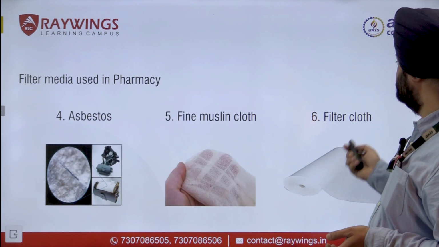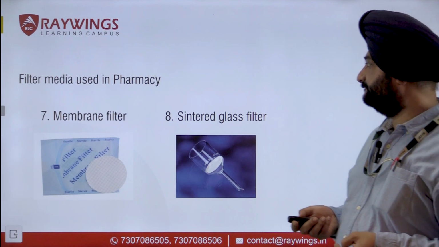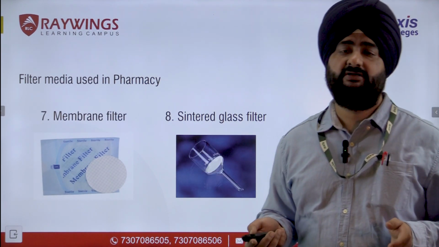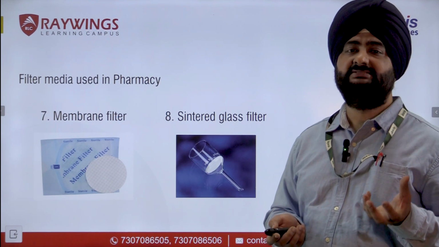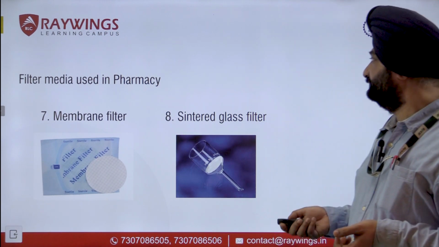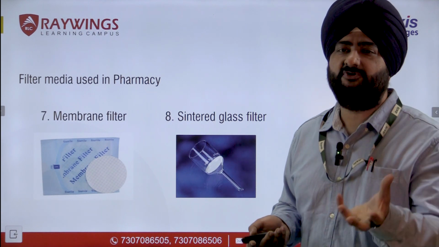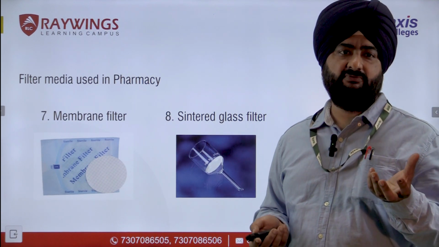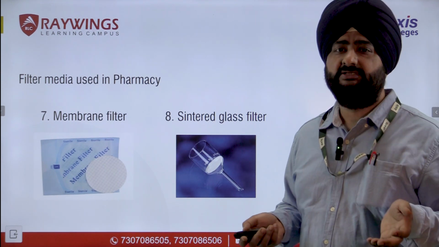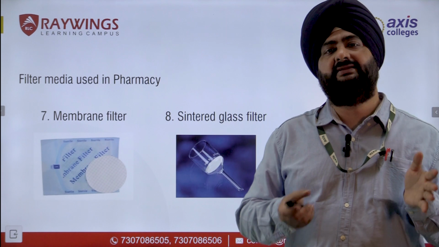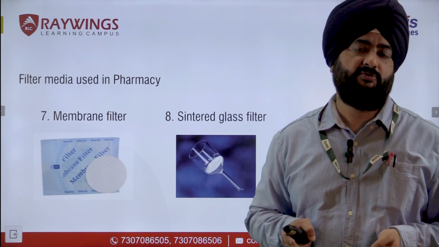Then comes asbestos, fine muslin cloth, filter cloth, and membrane filter. This is used to get rid of all the microorganisms, and we get a filtrate that is sterilized. Because to get any sterilized formulation, either we have to heat it to kill all the microorganisms, the disease-causing pathogens, or we get rid of all the pathogens from our solution, from our formulation.